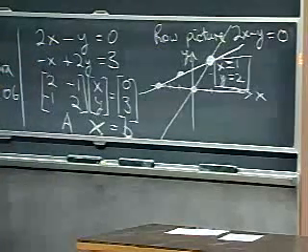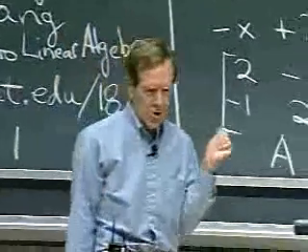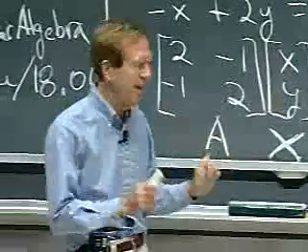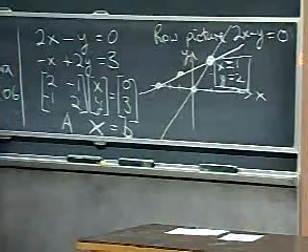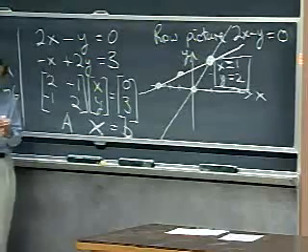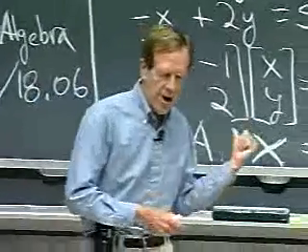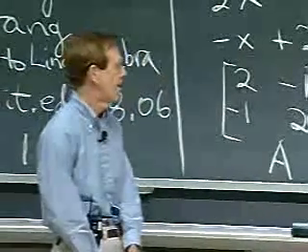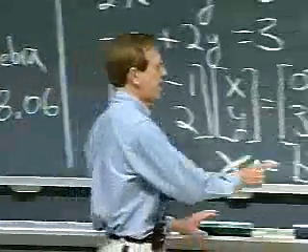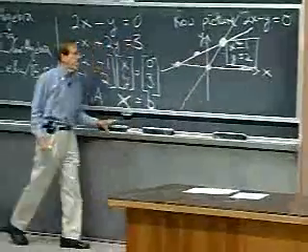Okay. Apologies for drawing this picture that you've seen before. But seeing the row picture, first of all, for n equal 2, 2 equations and 2 unknowns, it's the right place to start. Okay, so we've got the solution, the point that lies on both lines.